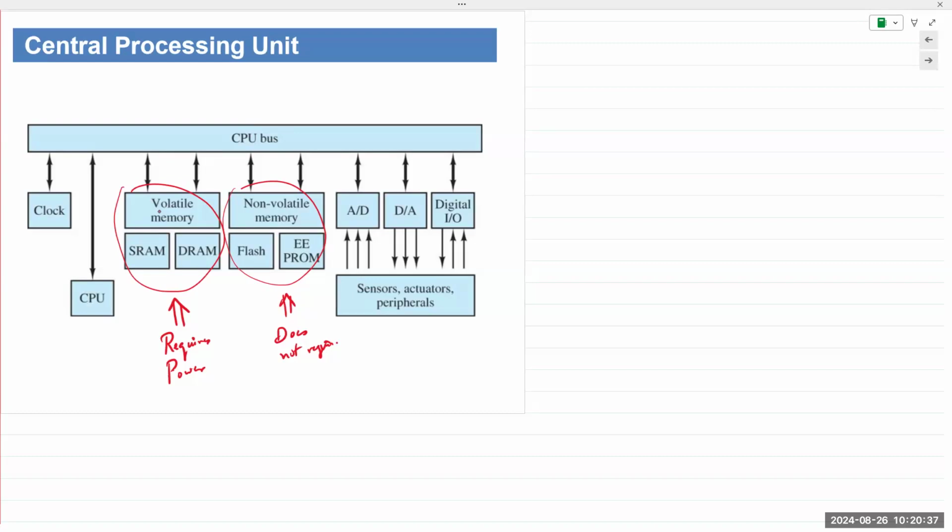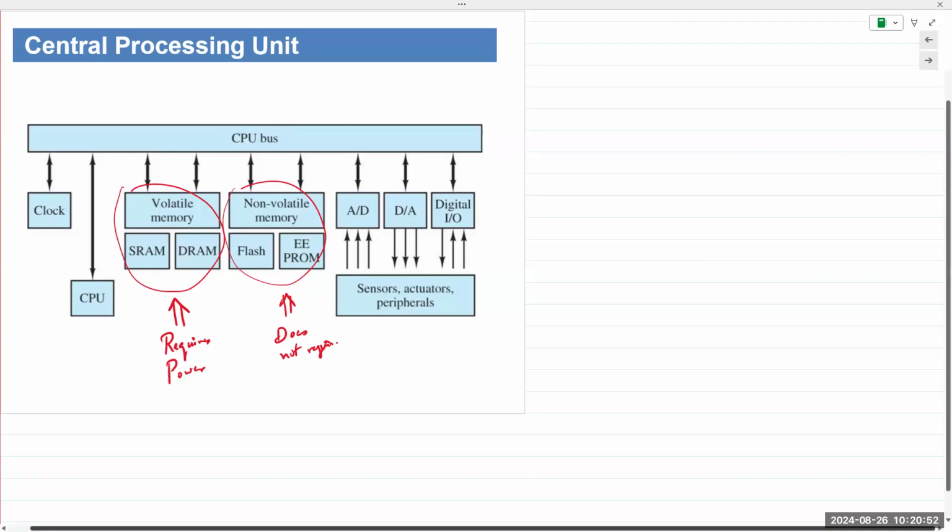Non-volatile memory is where we store the startup programs, which is the firmware of the main board. Even though it does not require continuous power, there's still some amount of power that is required to maintain that memory. It refreshes every once in a while.